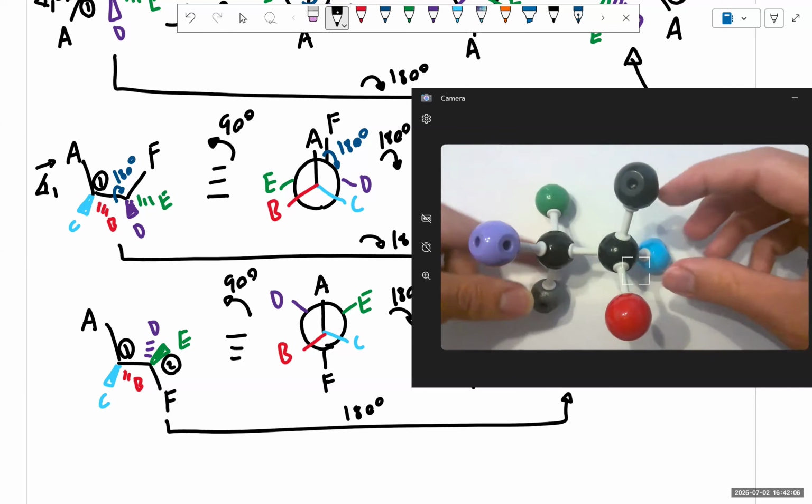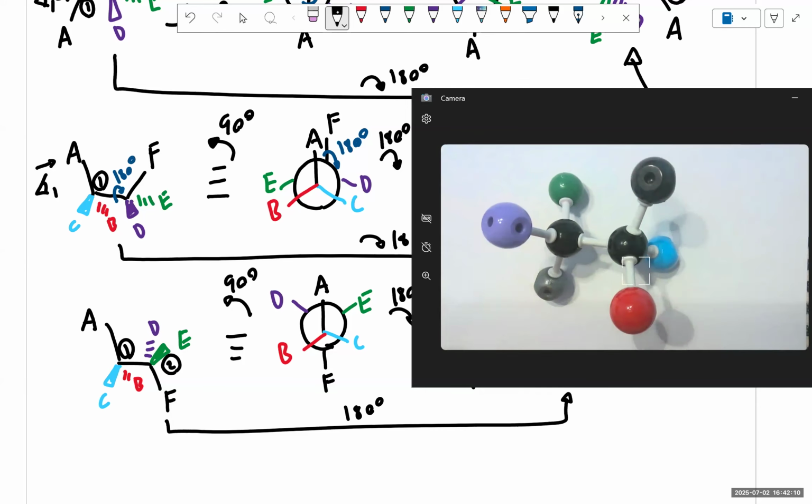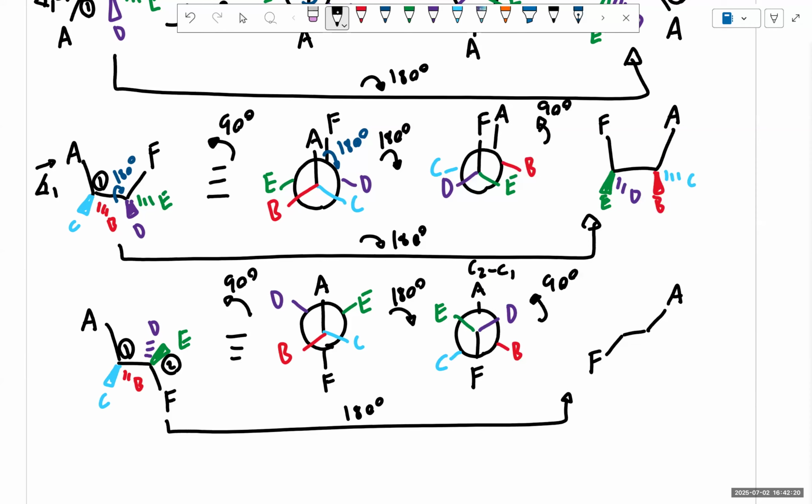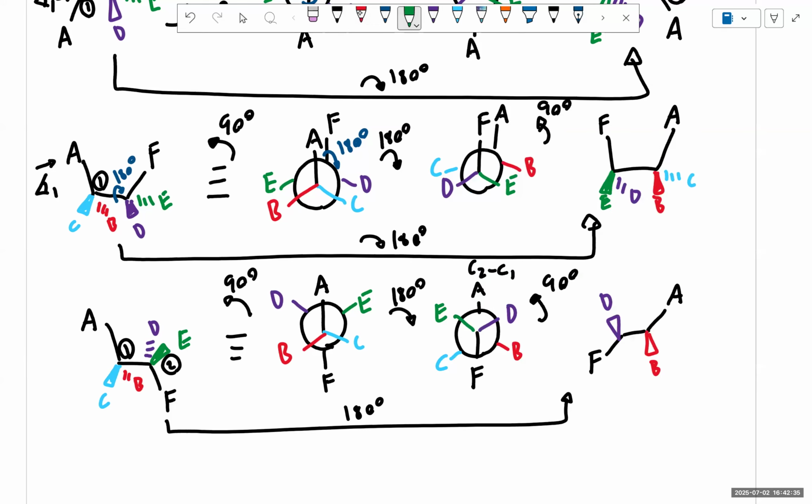Can everyone see how atom F is pointing down, atom A is pointing up in the plane of the page? In terms of the wedge substituents, we have atom D in purple and atom B in red. In terms of the dash substituents, we have atom E in green and atom C in blue.